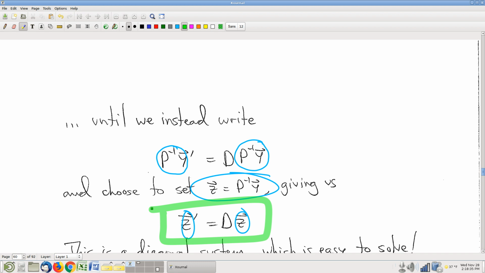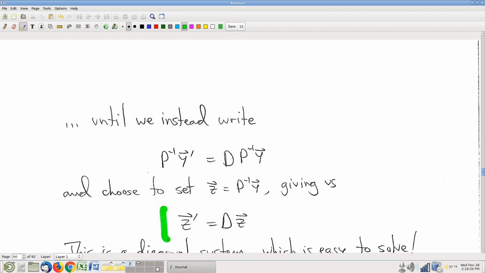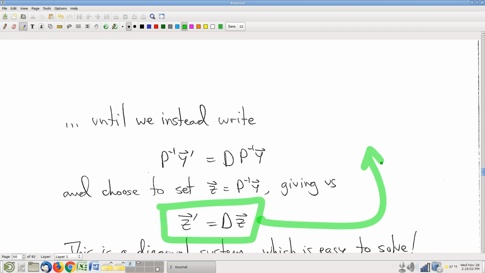And now we have a new system of equations, and this new system of equations here is simpler. It's a lot simpler. Structurally, I guess it looks the same as y prime equals Ay. But now, this is not just some random matrix. Now this is a diagonal matrix. And the upshot there is tremendous. Being as it is a diagonal matrix, that whole system turns into, let's just write it out.